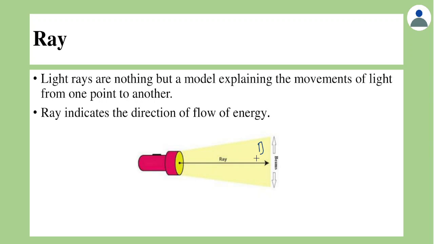We can put a source and then draw a ray like this. So this indicates the energy of the light moves in this direction. A ray is convenient to express the movement of light, and light carries energy. So this direction also indicates the direction of flow of energy.